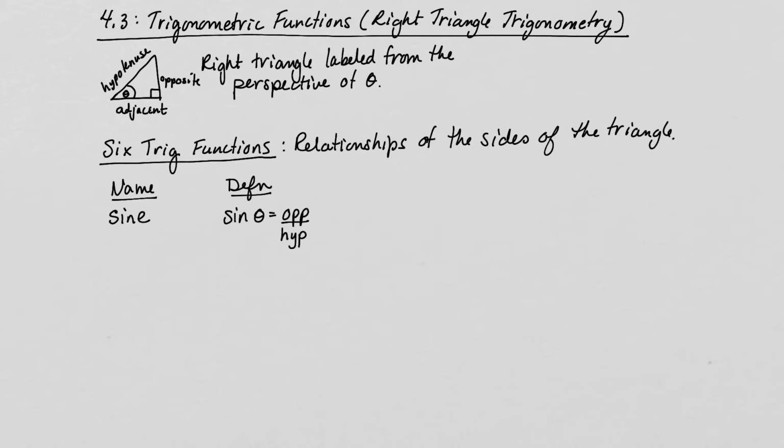I'm abbreviating opposite as OPP and hypotenuse as HYP, and we will shorten adjacent to ADJ, just to save ourselves a little bit of writing. So the sine of an angle gives you the ratio of these two sides in the triangle: the opposite side over the hypotenuse.